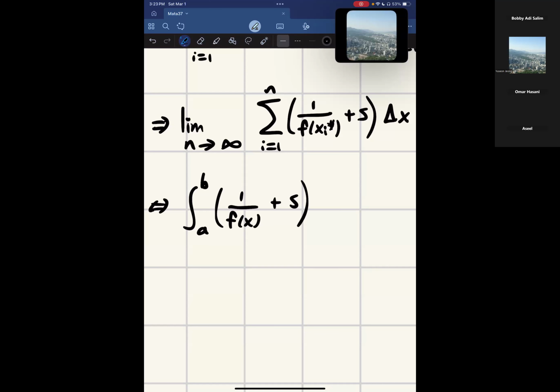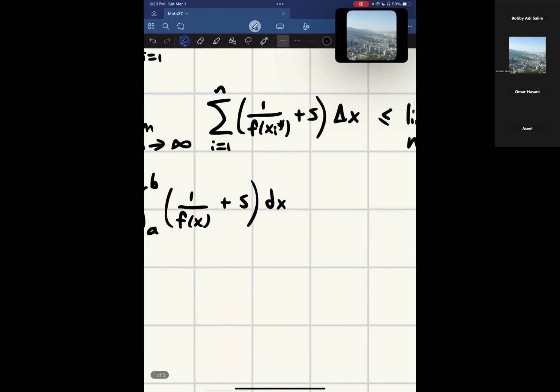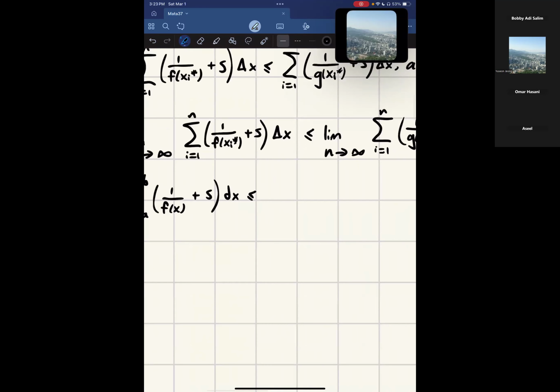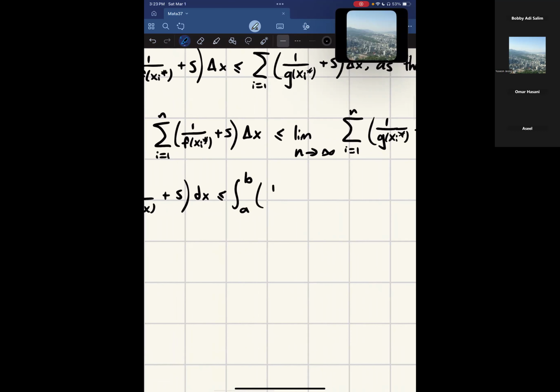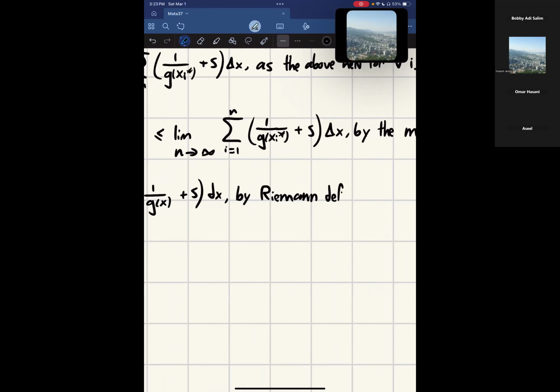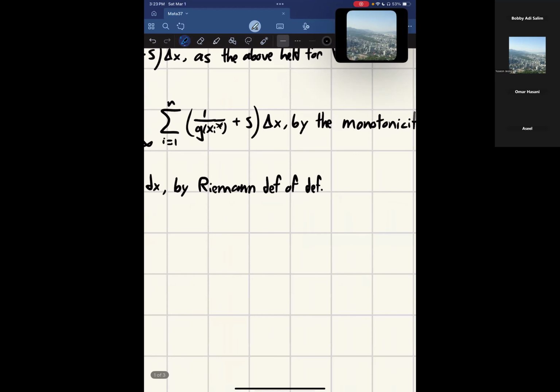Plus 5 dx is less than or equal to that one there, which is, by definition, the definite integral from a to b of 1 over g of x plus 5 dx. And this is by Riemann definition of the definite integral.